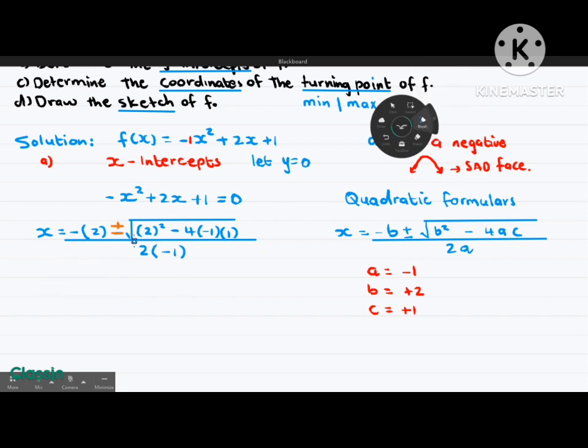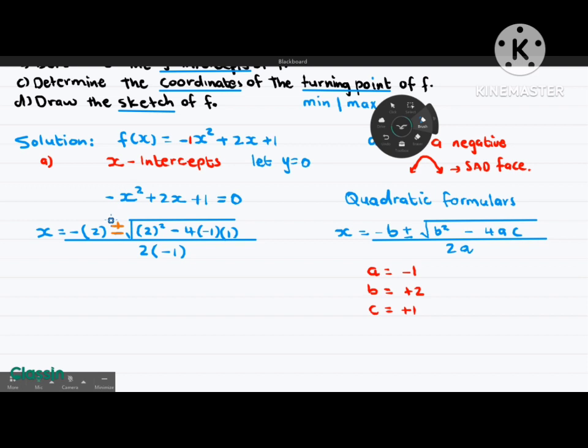So from here, you are going to press your calculator. When you press your calculator, please start with the division sign, the button below ABS. Then you say negative, open bracket 2, then you put plus, because your calculator does not have plus minus.